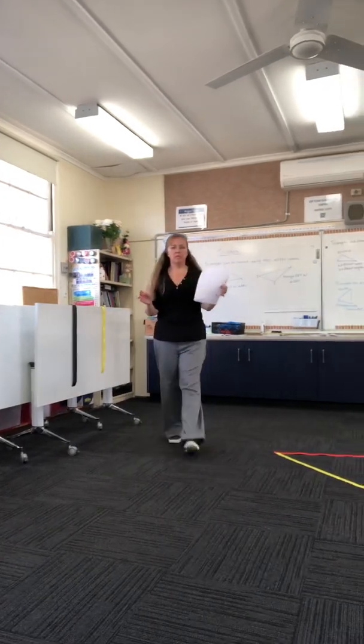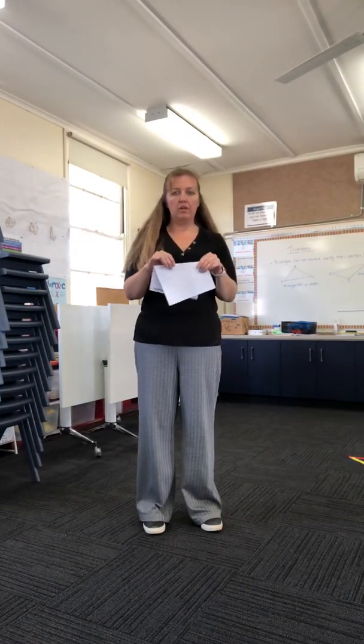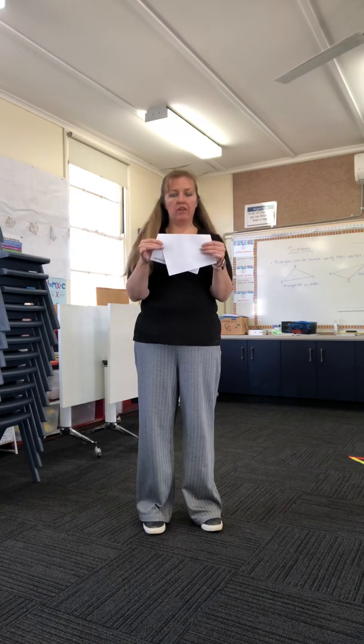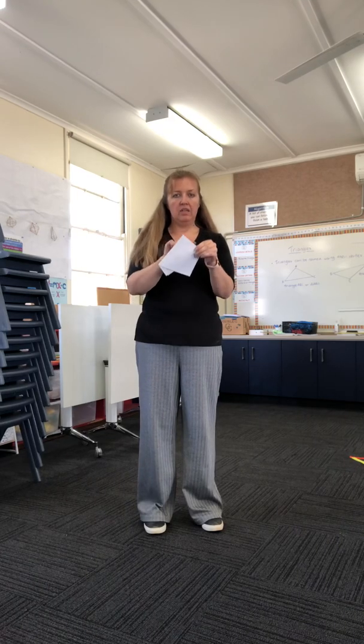To make a right angle, we take our piece of paper and we fold it. It doesn't matter where we fold it, but when we fold it, we get a nice straight line. A straight line being 180 degrees. When we fold it again along that straight line, we now have a 90-degree angle.